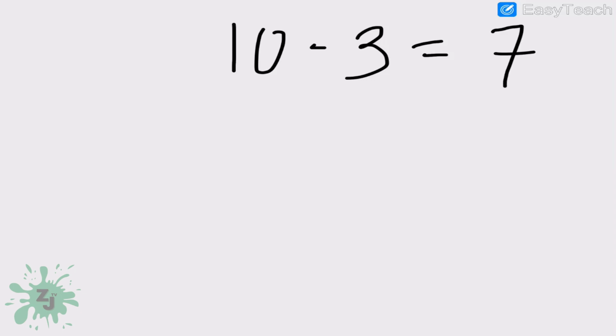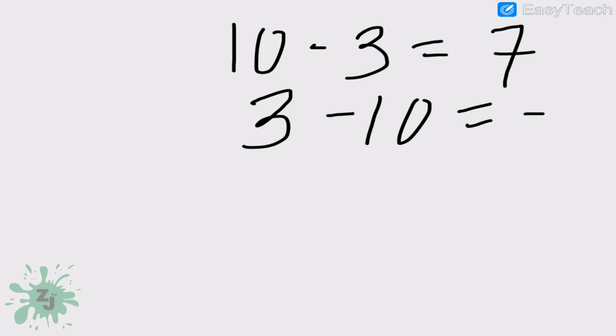For example, 10 minus 3 is equal to 7, but when you reverse the order, 3 minus 10 is not equal to 7, rather it would become negative 7.